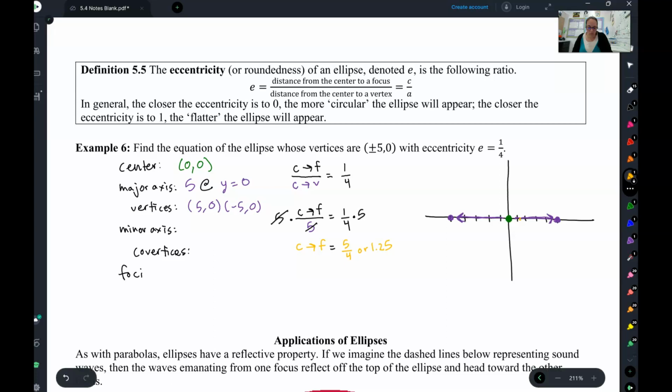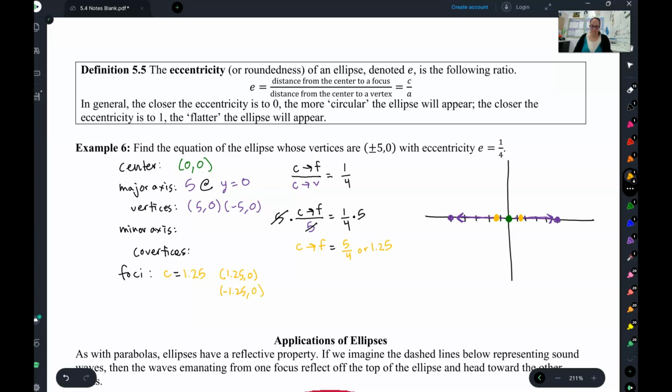So we can graph that. 1.25 from the center, 1.25 from the center, and notice that that distance is our C. So we can say our foci C is 1.25, which gives us our foci at 1.25, 0 and negative 1.25, 0.